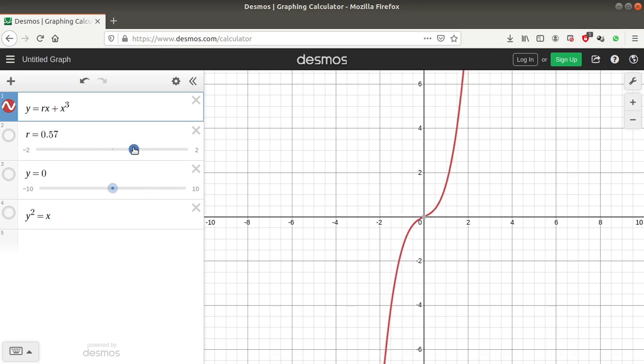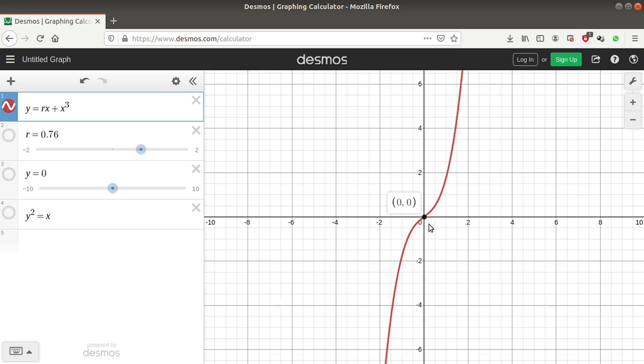And the thing is, when r is positive, what sort of fixed point is that? So slope is positive, so the fixed point is unstable.